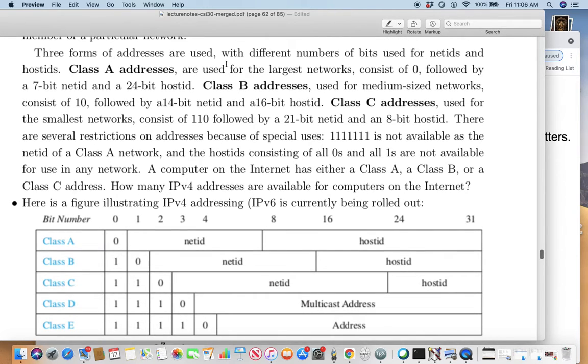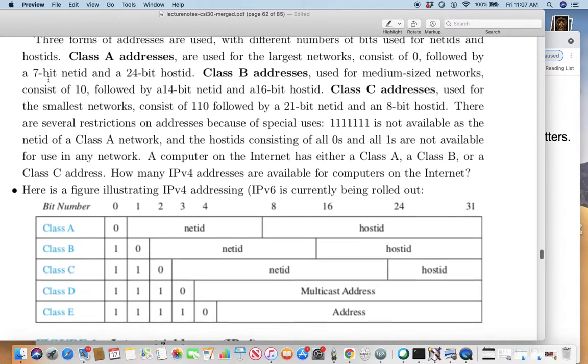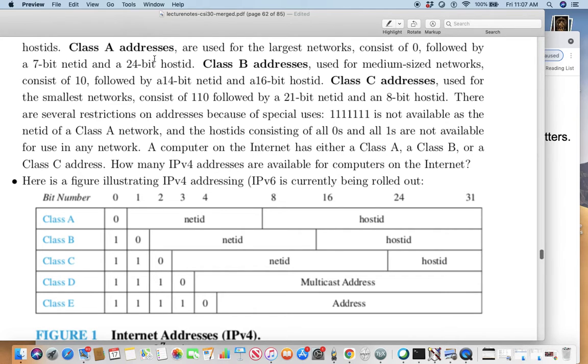3 forms of addresses are used, with different numbers of bits used for net IDs and host IDs. Class A addresses are used for the largest networks, consisting of 0 followed by a 7-bit net ID and a 24-bit host ID.